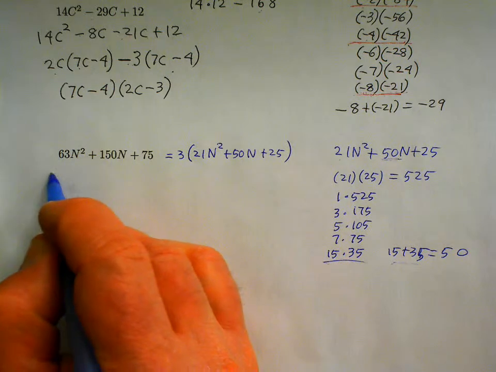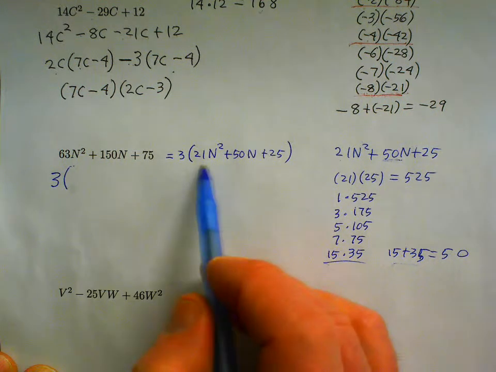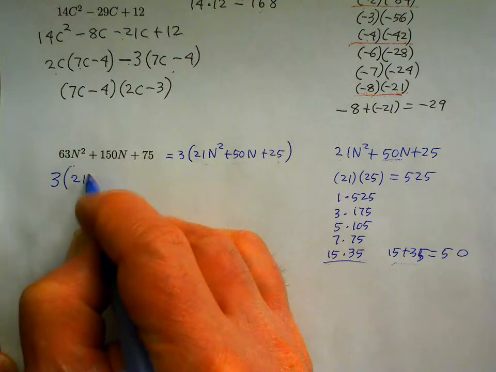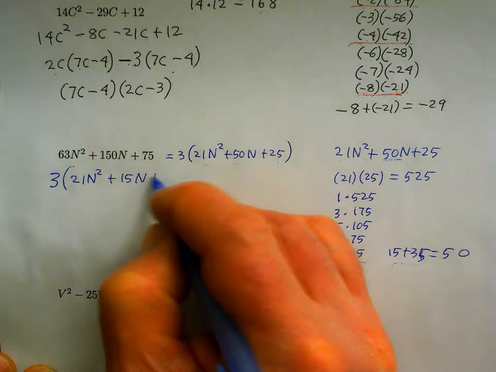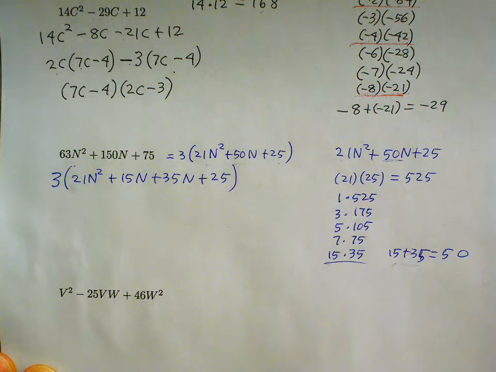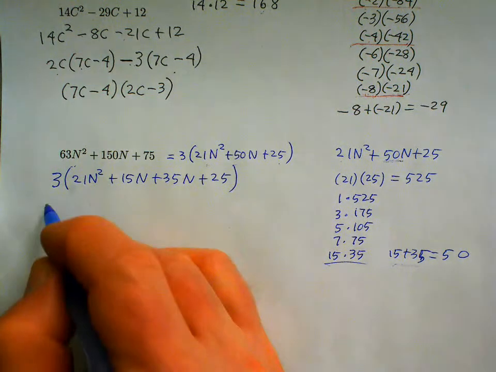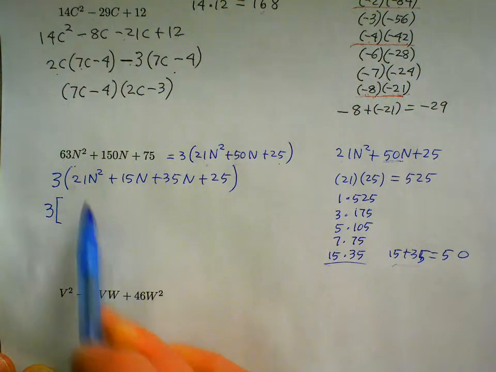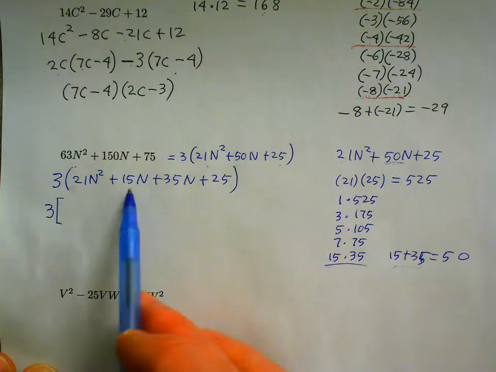Okay, so I'll include the factor 3, and then we'll transform the trinomial into a quadrinomial. 21n to the second plus 15n plus 35n plus 25. And then inside the parentheses, we'll factor by grouping. So out of the first two terms, 21n to the second plus 15n, we can factor out 3n.